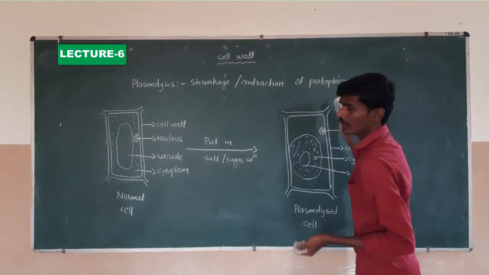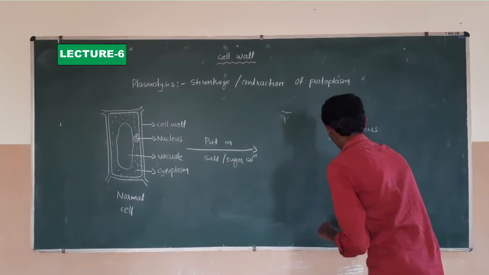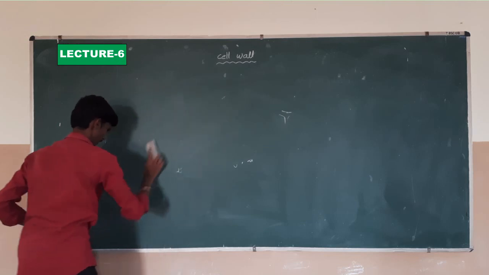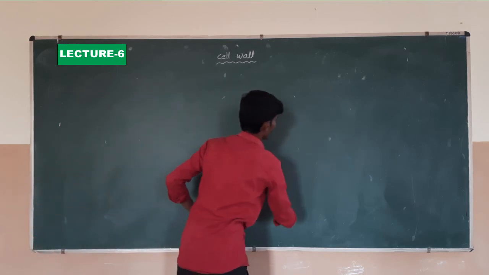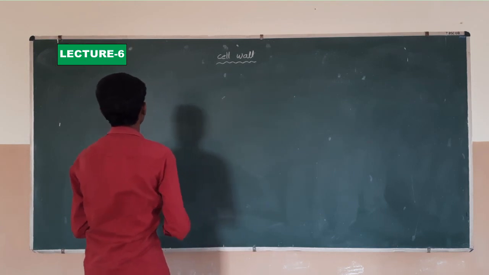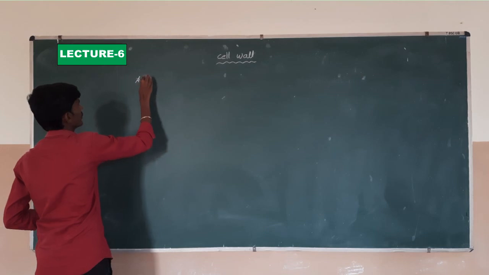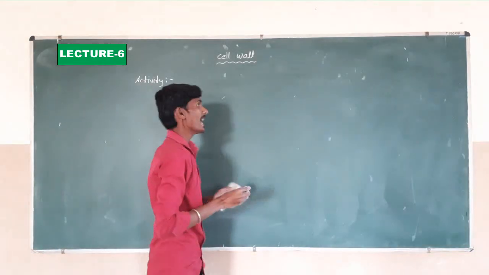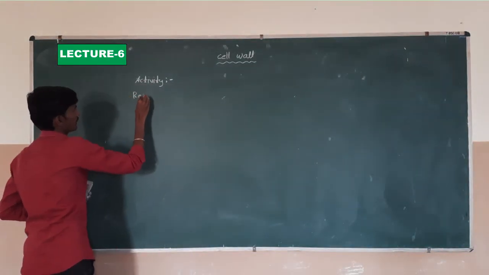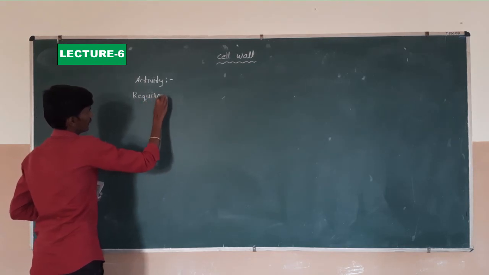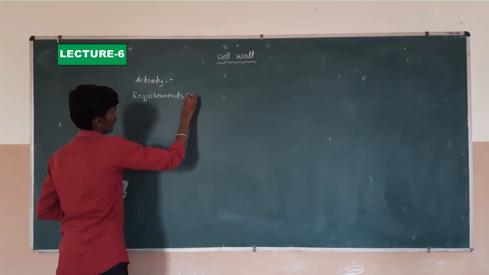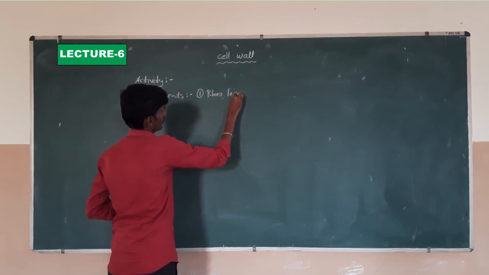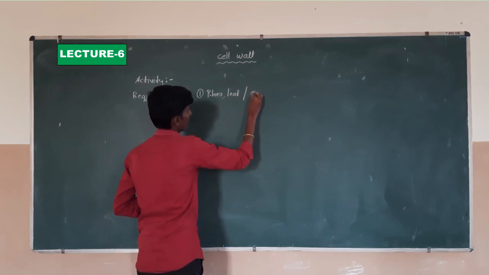Next, we conduct one activity. First, we will know the requirements for this activity. First one, Rhoeo leaf or onion peel.